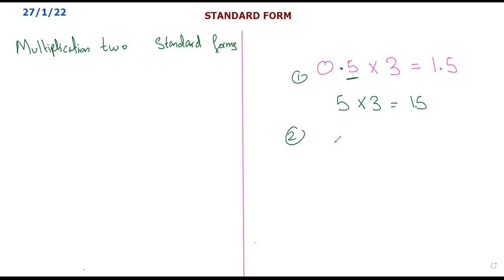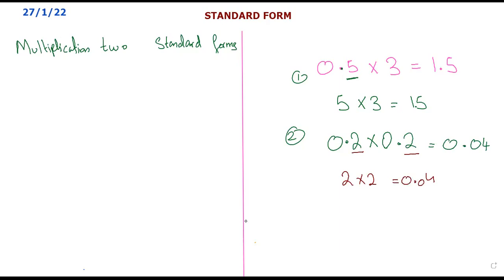What if we had 0.2 multiplied by again 0.2? This time the answer would be 0.04. Why? Because first thing is first, think of it as 2 into 2. The answer is 4. How many decimal places do we have? 1, 2. So 0.04. Okay, let's talk about another example.